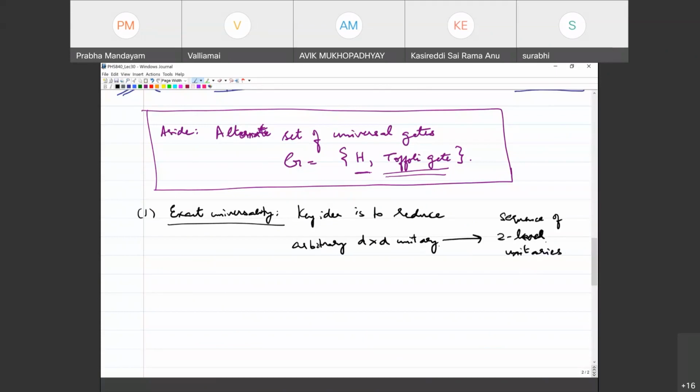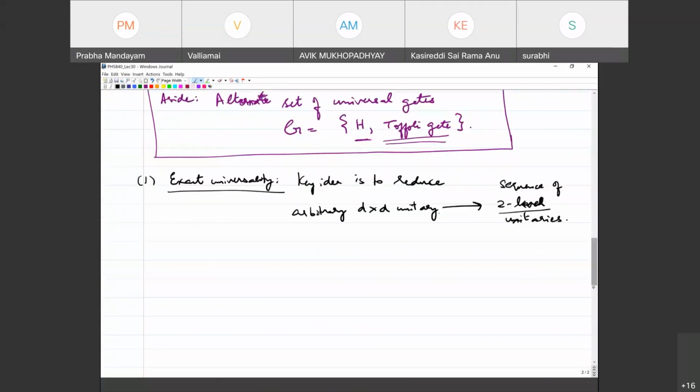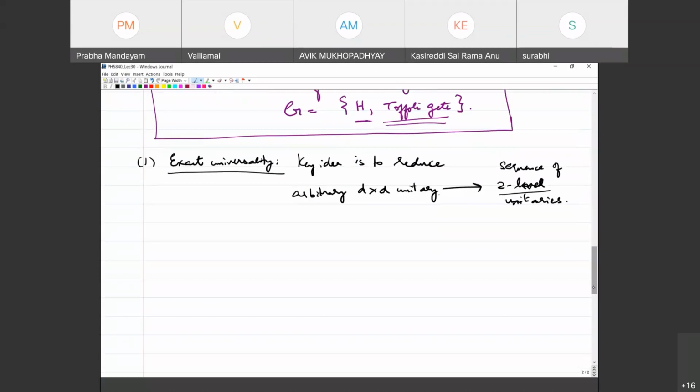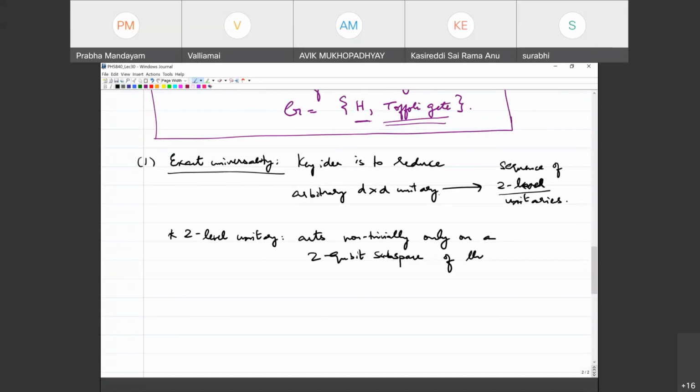So what is a two-level unitary? I should also explain what a two-level unitary is. It's something that acts non-trivially only on a 2-qubit subspace of the d-dimensional space.